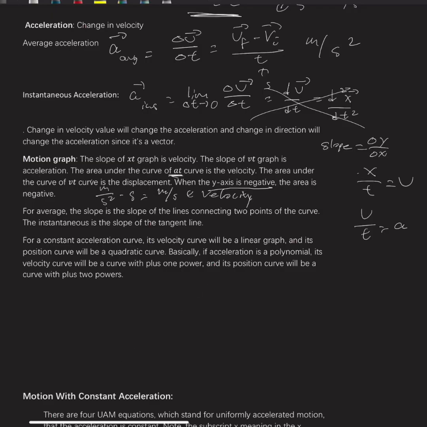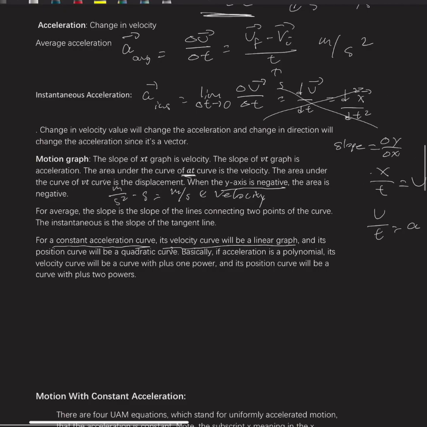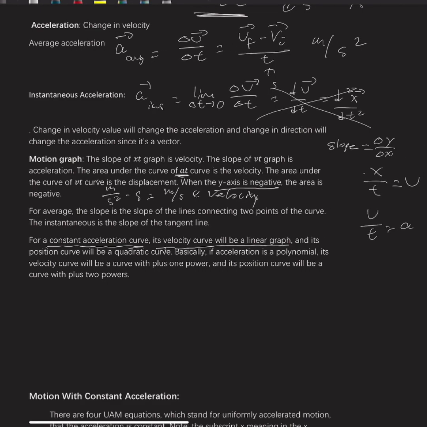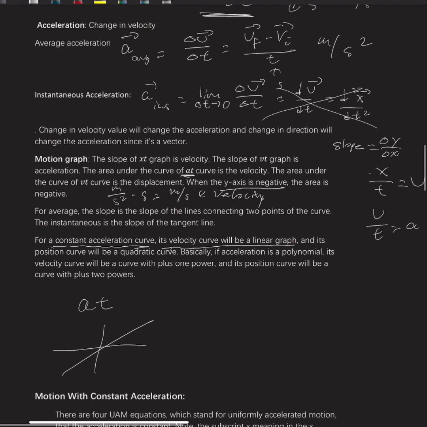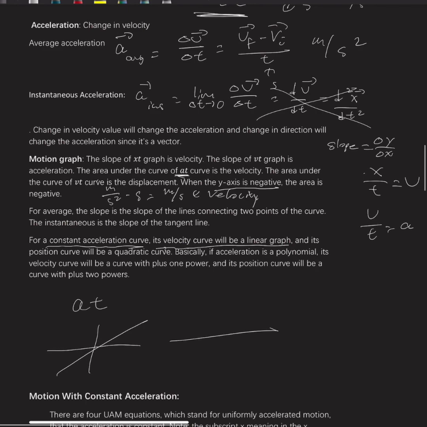And for a constant acceleration curve, the velocity will be a linear graph, and its position curve will be a quadratic curve. And if the acceleration is a polynomial, its velocity curve will be that curve plus 1 power. So if the a-t graph is a linear function, then its velocity curve will be a quadratic.